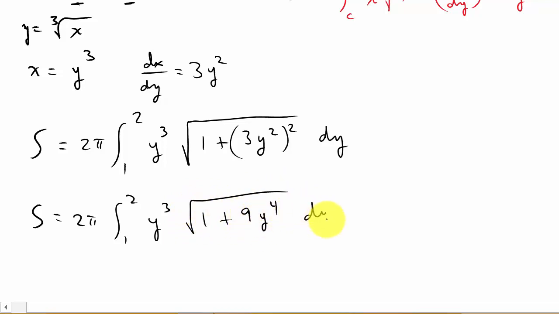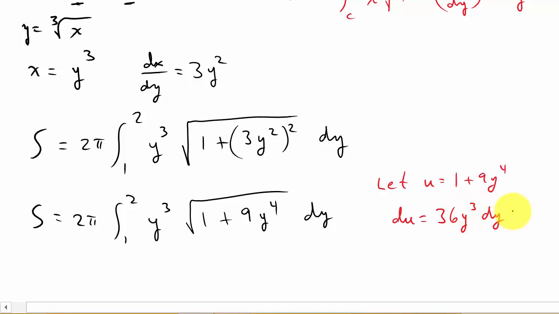All right, so to integrate this, hopefully you can see that this will be u substitution. We're going to let u equal 1 plus 9y to the fourth, what's underneath the radical, and du is going to be 36y cubed dy.